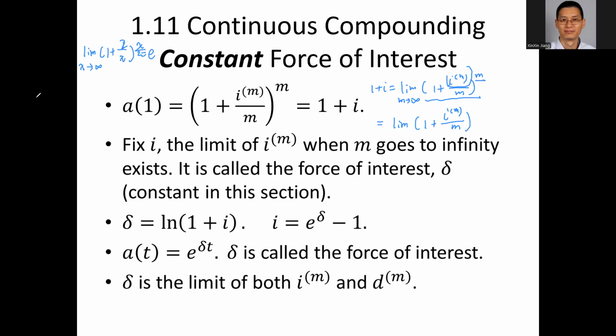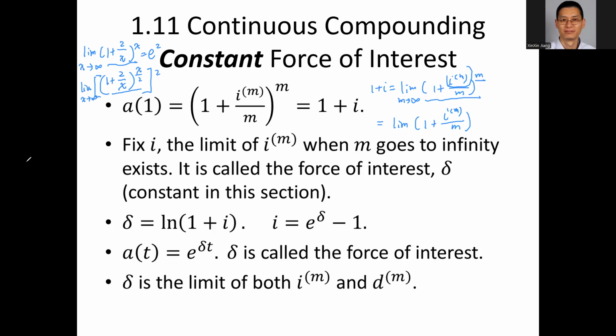But if you don't have 2 outside, it will be e squared. The reason is that you can write it as x over 2, which is like a reciprocal, and you square that. That would be the same as the original term, and you take a limit. Inside now becomes e, so it's e squared.